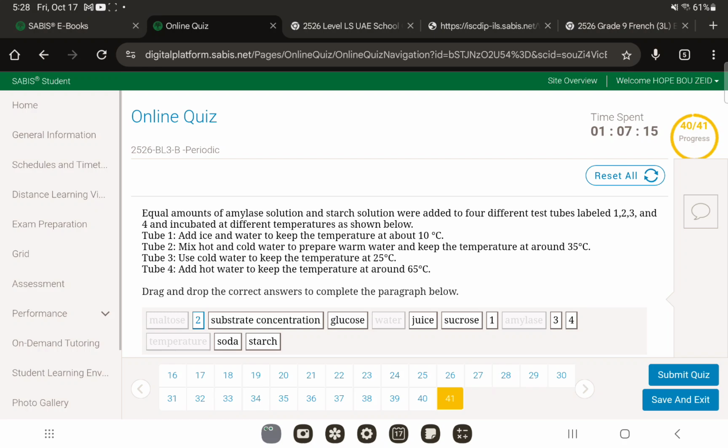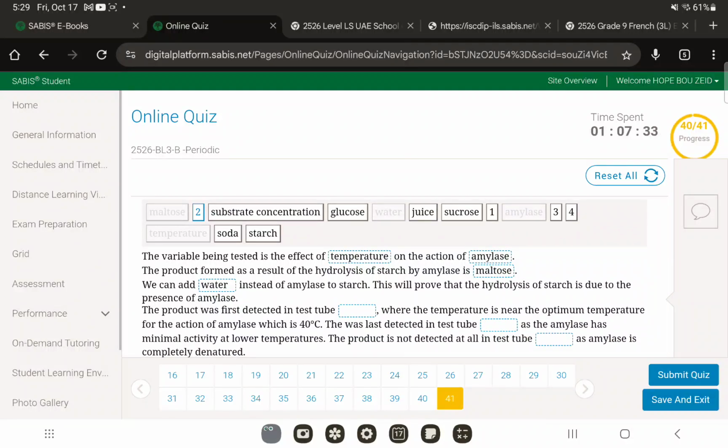But it is good to keep in mind that anyway, 65 degrees Celsius would mean that the enzyme has already been denatured, and the higher the temperature, as long as it's not above 40, the better, because the quicker the reaction. This was last detected in test tube blank, as the amylase has minimal activity at lower temperatures.